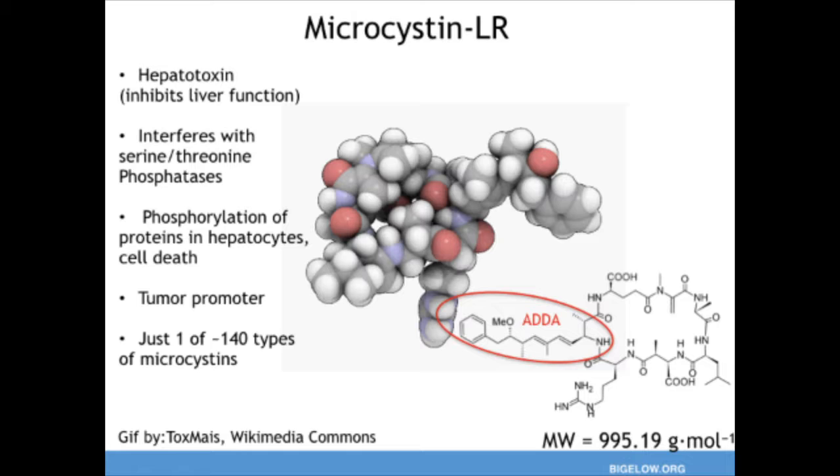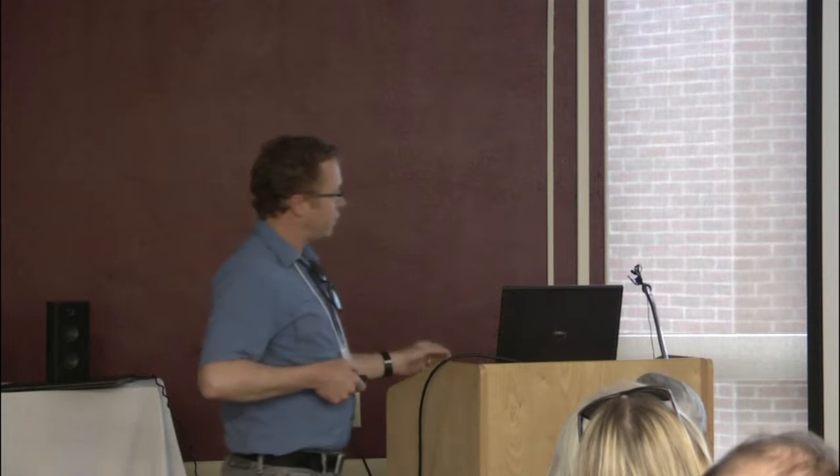And this is the LR microcystin, one of 140 types. It's the most common one, so it's what people typically try to measure. And they measure it by just detecting the immunological response to this functional group here. And I won't really get into it, but there are some problems with this immunology-based method.